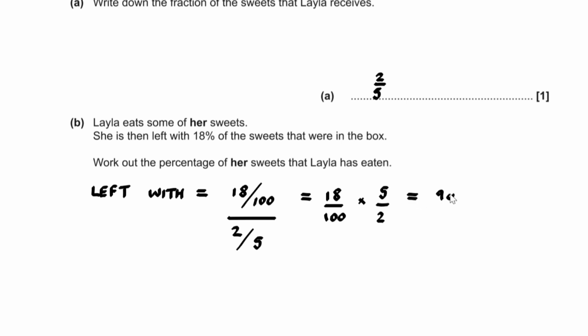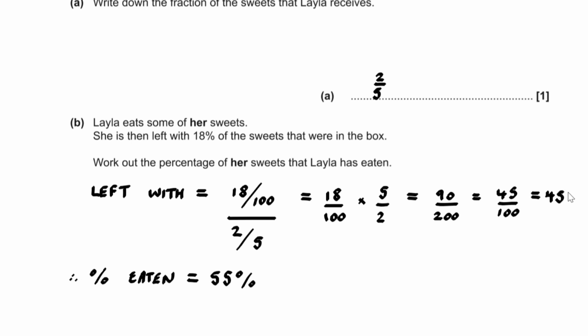So we have 90 over 200, which is equal to 45 over 100. So therefore, the percentage that's eaten is 55%. 45% is left over, which means 55% is eaten.